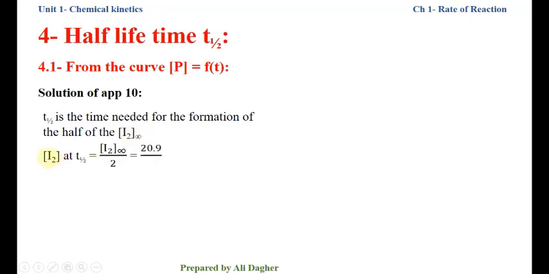Then we calculate the concentration of I2 at half-life time: concentration of I2 at infinity over 2. We have calculated in part 2 the concentration of I2 at the end of the reaction. We find it equal to 20.9. We divide it by 2. We obtain the concentration of I2 at half-life time equal to 10.45 millimole per liter.